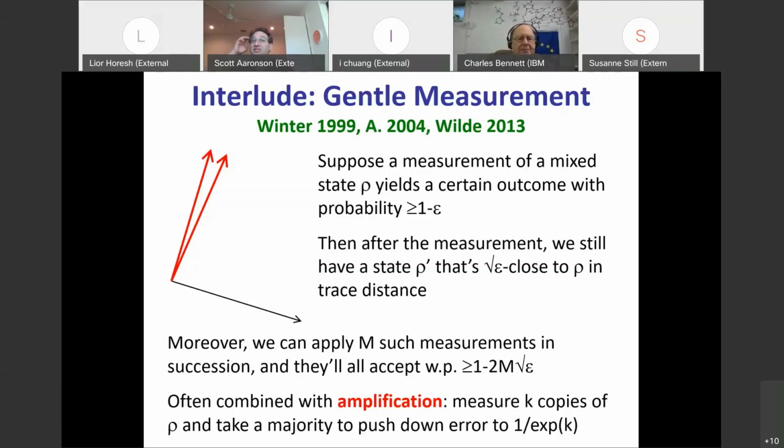This is called an amplified measurement, and we use it for the same reason it's used all over theoretical computer science, namely that this pushes down the probability of an error at an exponential rate, for the usual Chernoff bound reasons, the usual concentration of measure reasons. Now the damage to our state, like our epsilon, becomes like 1 over exponential in the number of copies of the state.